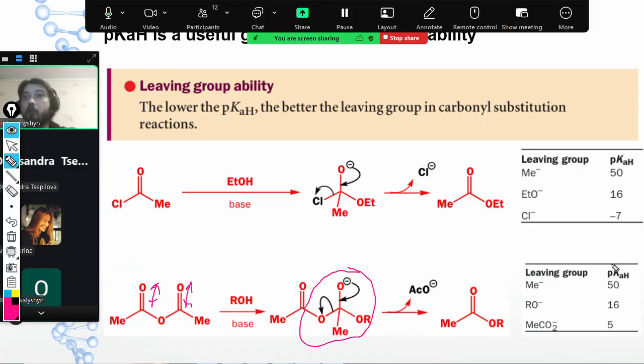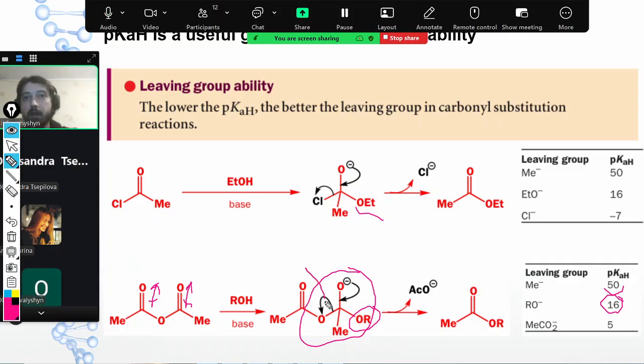And we can use once again pKa as a guideline. So we have a methyl group, pKa 50, well, not probable. We have an OR group, something like this one, pKa quite high, so not very likely.